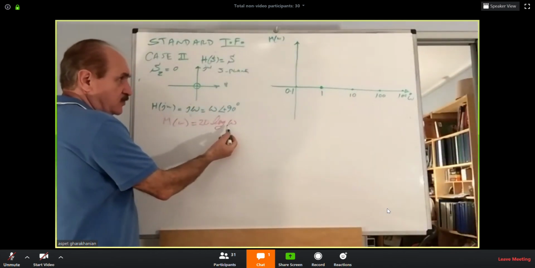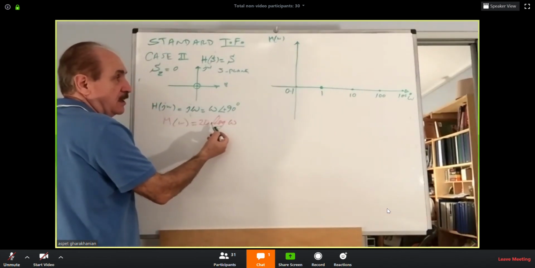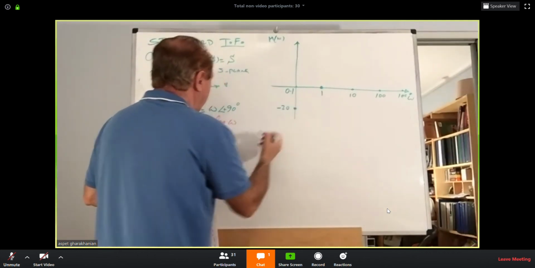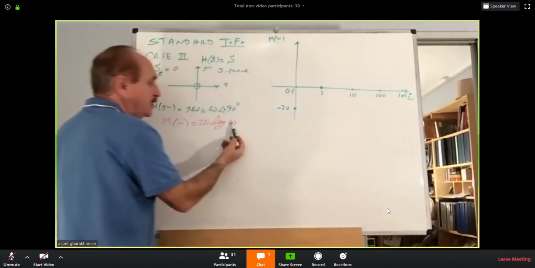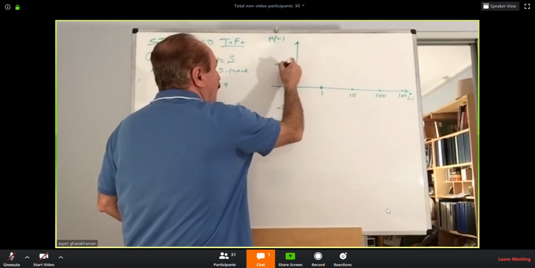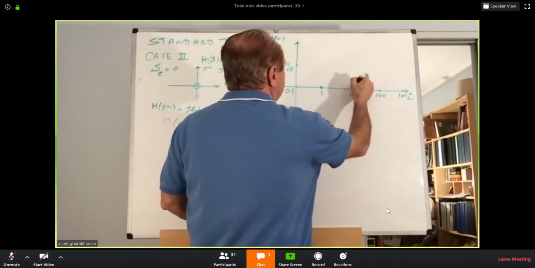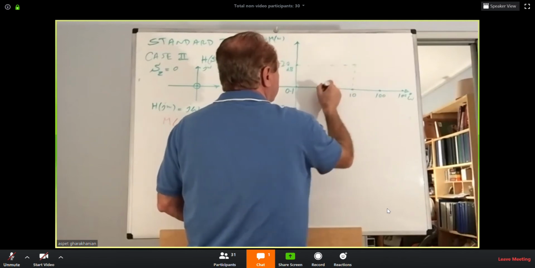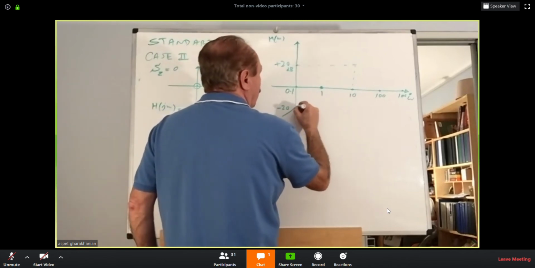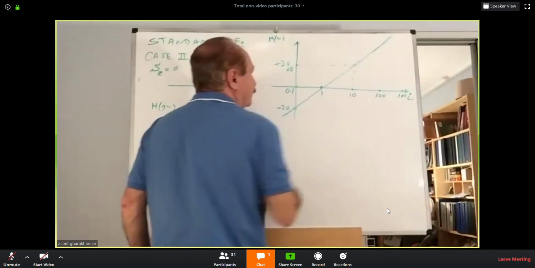Put omega equal to 0.1 here. Log of 0.1 is minus 1, so minus 20 dB will be here. Log of 10 will be 1, or with 20, positive 20 dB. And so on. But you will notice that all these 3 points will be collinear, so a straight line will pass through all of them, as you can see.